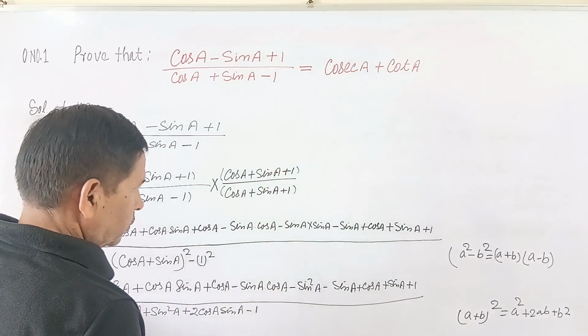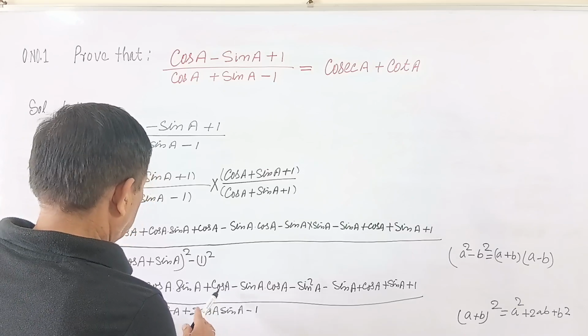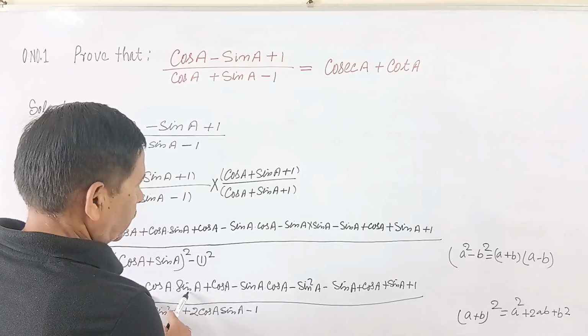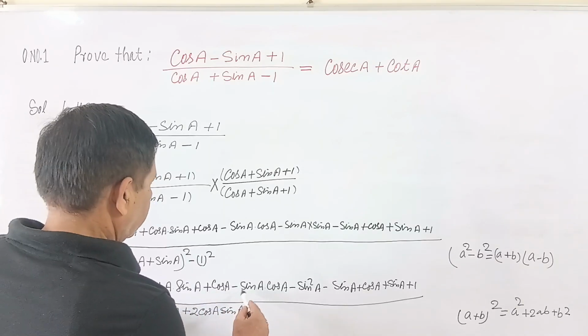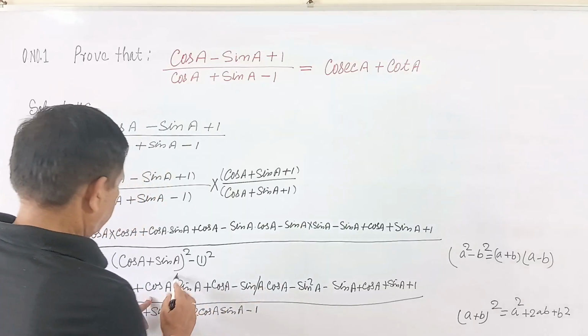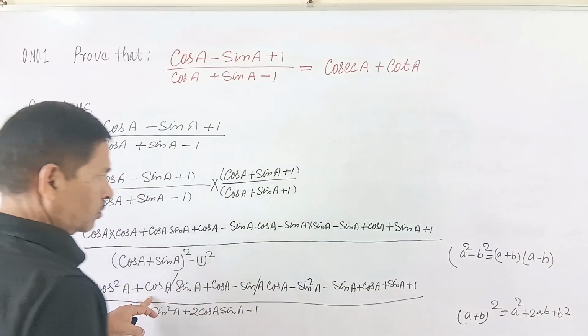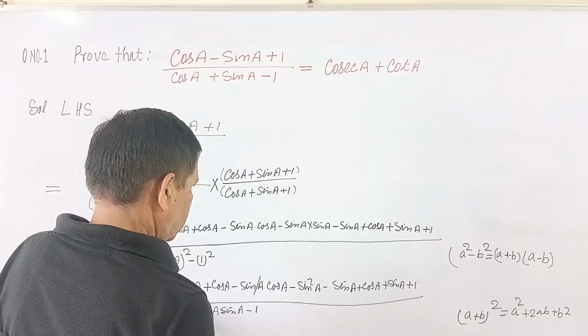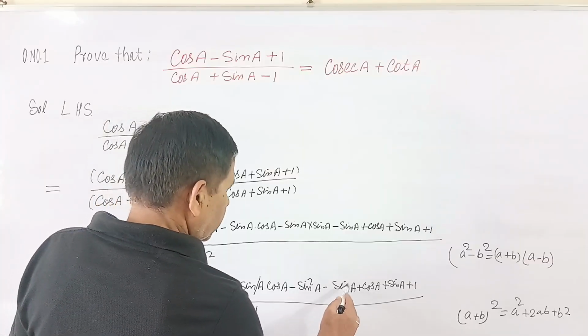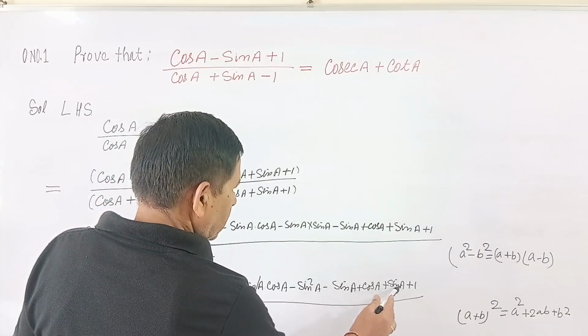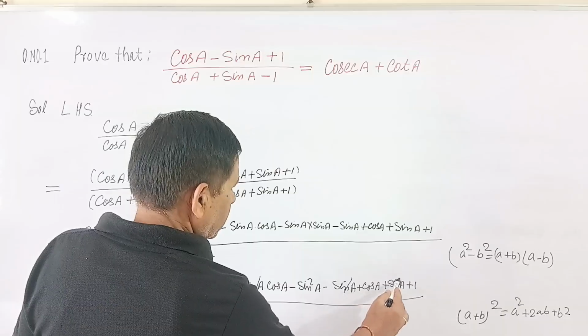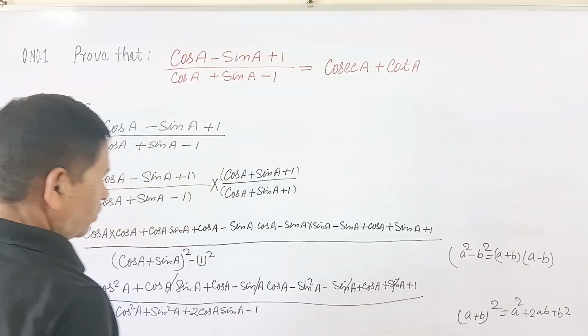Now plus cos A into sin A minus cos A into sin A, this cancels. Minus sin A and plus sin A, this cancels.